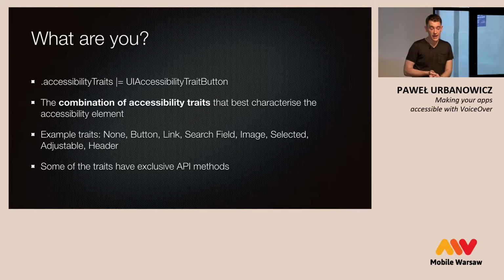And some of them can have exclusive API methods. So for example, adjustable. When we are using a slider and we are giving this slider an adjustable trait, the value is updated with every usage of this control. So for example, let's take a slider for volume.